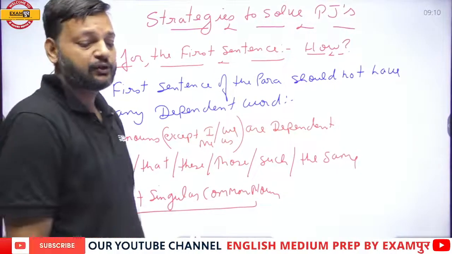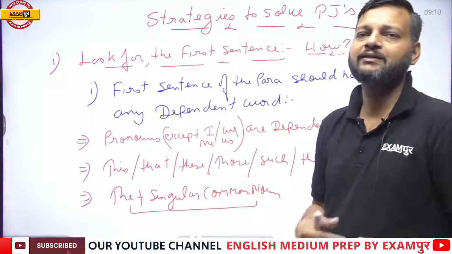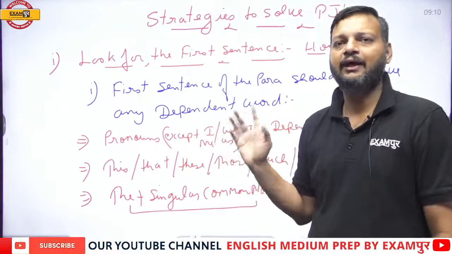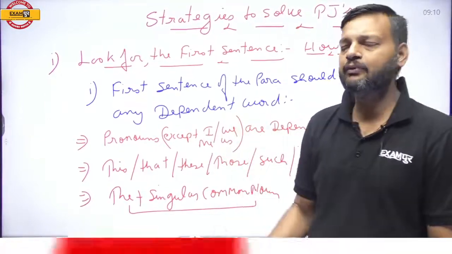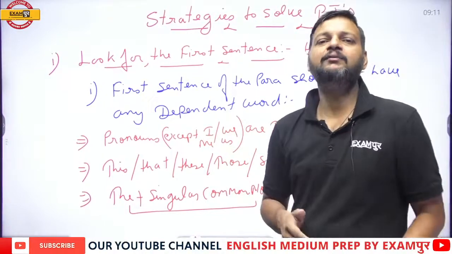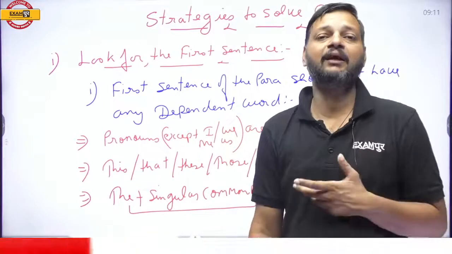And whenever you are trying to solve a parajumble, you just need to look for the first sentence. And to find the first sentence, you must look for these dependent words. If any sentence has these words, it cannot be the first sentence of the paragraph.